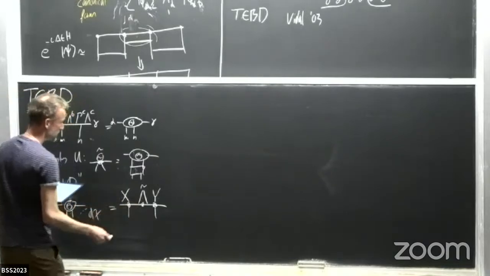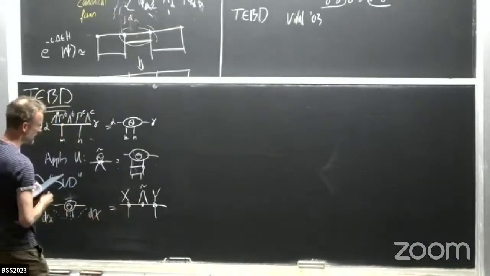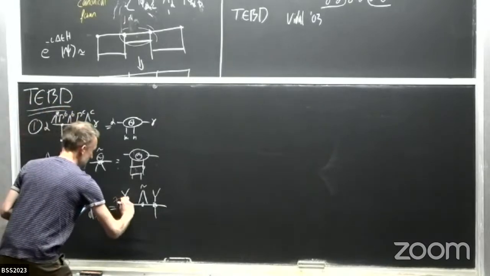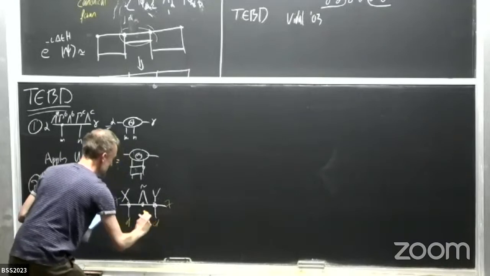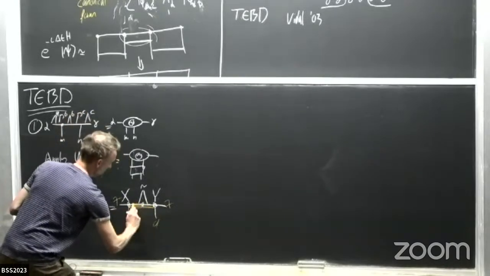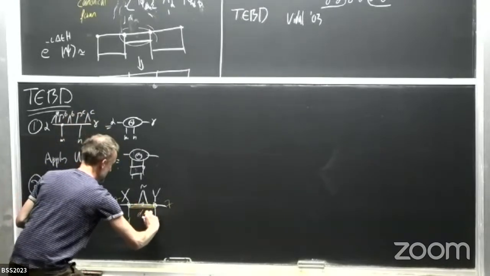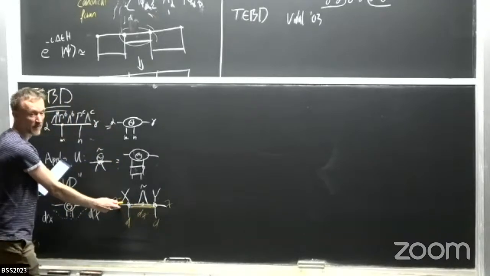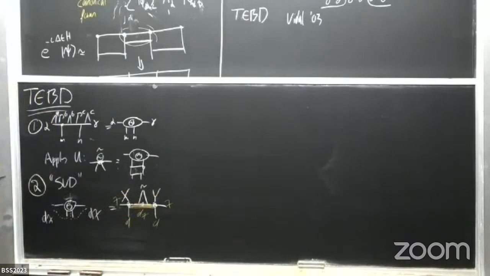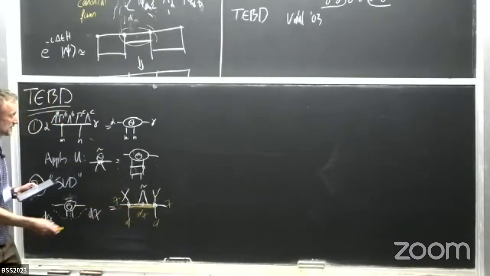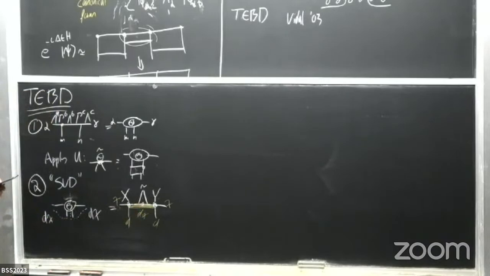And now if I think in terms of my bond dimension, the bond dimensions that I have are here chi, here it's chi, here we have d, here we have d, but in between, the bond dimension is now d times chi, right? So recall these are x and y are unitary, so they must have the same dimension on the left and the right. So now we have something with an increased bond dimension.